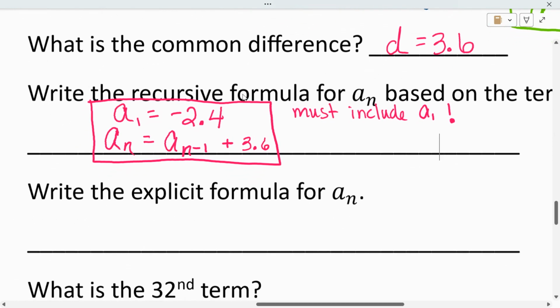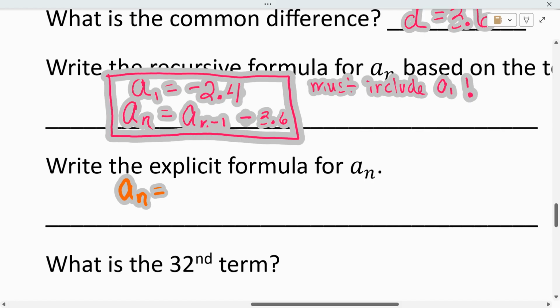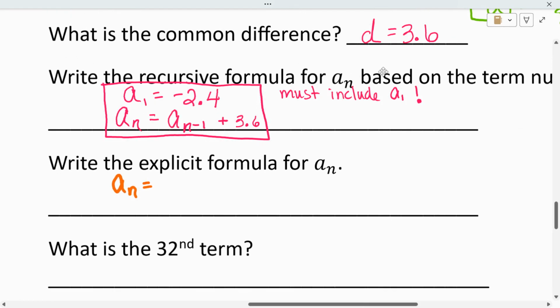Now we're going to write the explicit formula for that sequence above. The explicit formula starts off with a sub n equals, and for this one, we just need the first term. What is our first term, Owen?